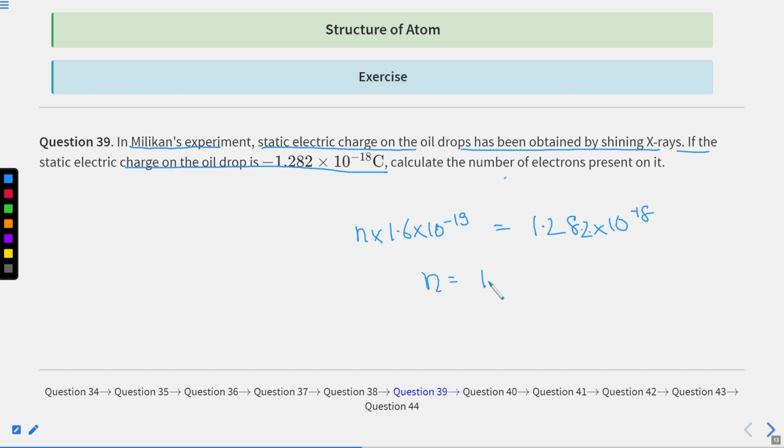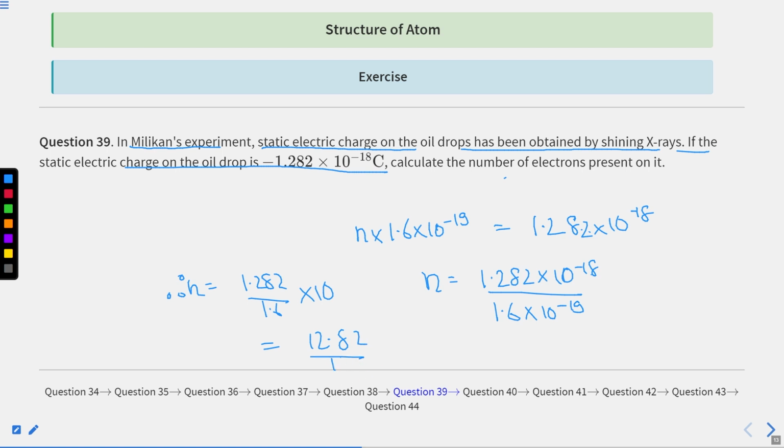So n is equal to 1.282 into 10 to the power minus 18 by 1.6 into 10 to the power minus 19. Therefore, n is equal to 1.282 by 1.6 into 10, or 12.82 by 1.6.